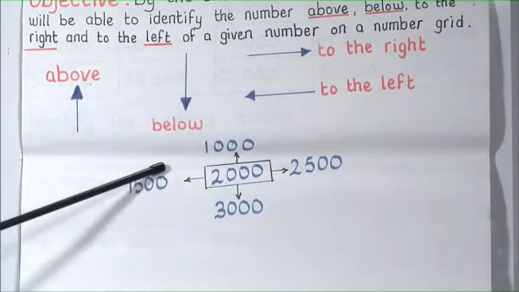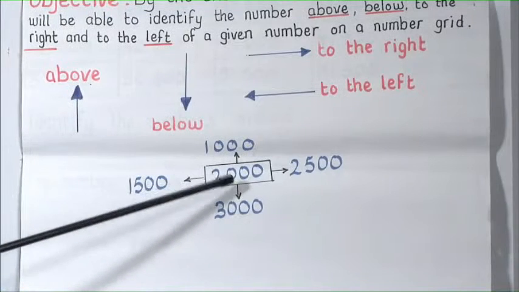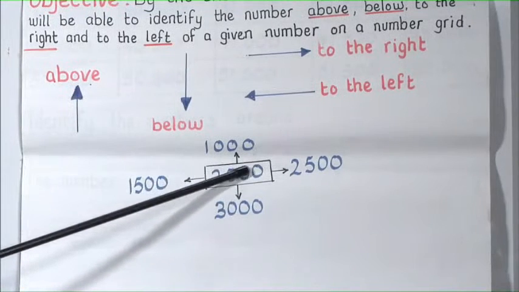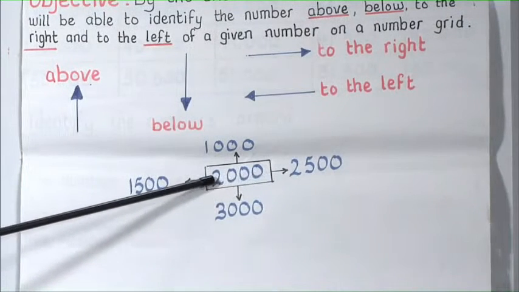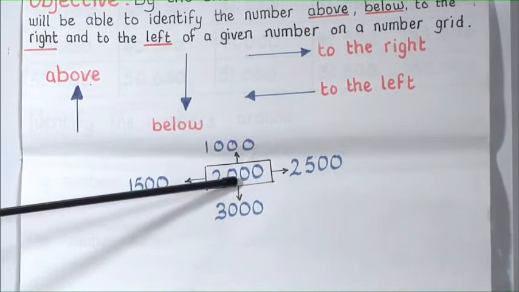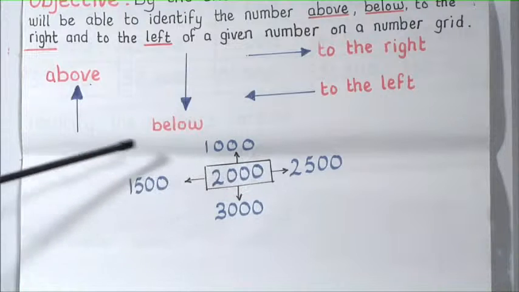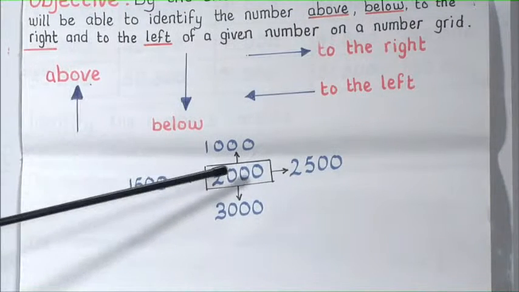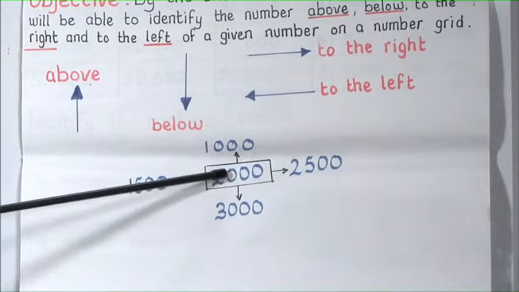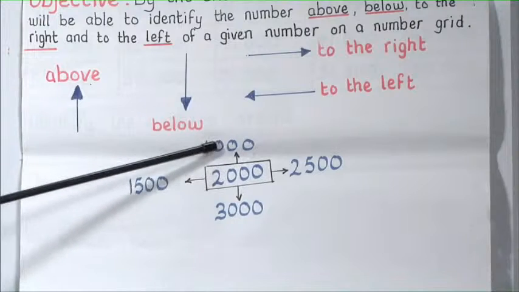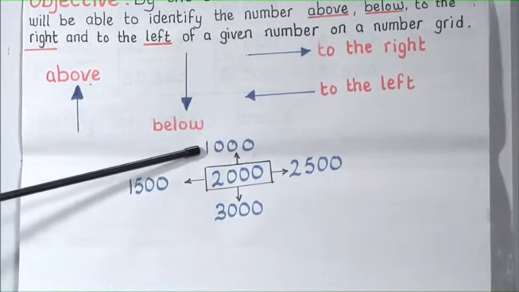Now let's come to this number. I have numbers here. This one is 2,000. Now let's begin from here. What number can you see above this 2,000? This is the number above 2,000.